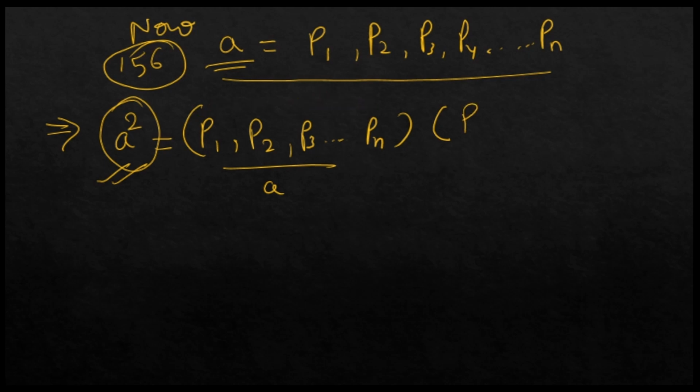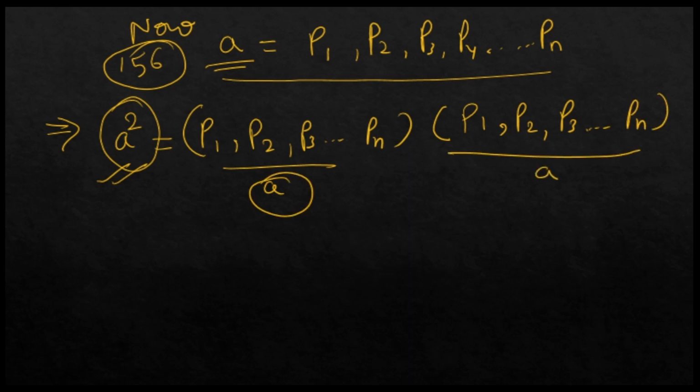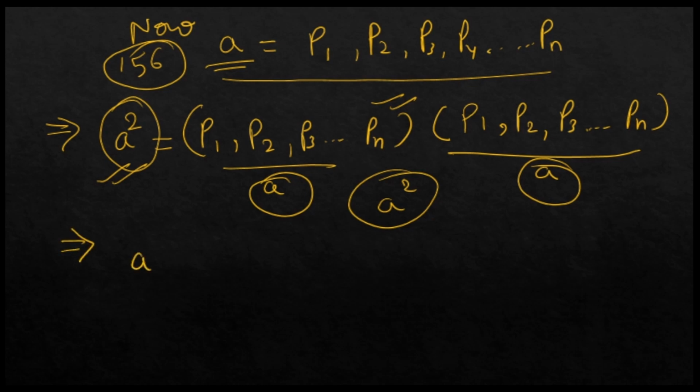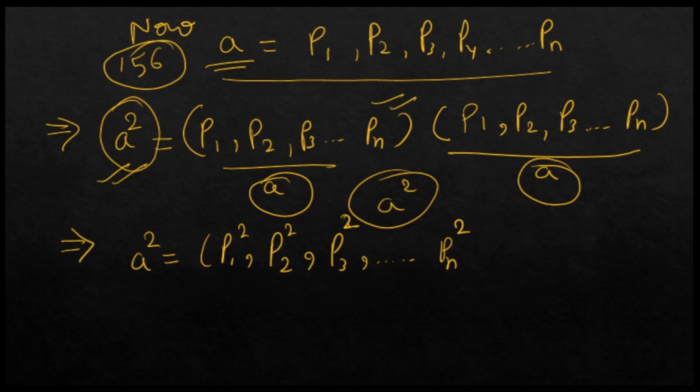Now for the second A, P1, P2, P3, and the process goes on to Pn. This is for another A. That's how we got A square. These are the prime factors of A square, which implies A square is equal to P1 square, P2 square, P3 square, and the process goes on till Pn square.